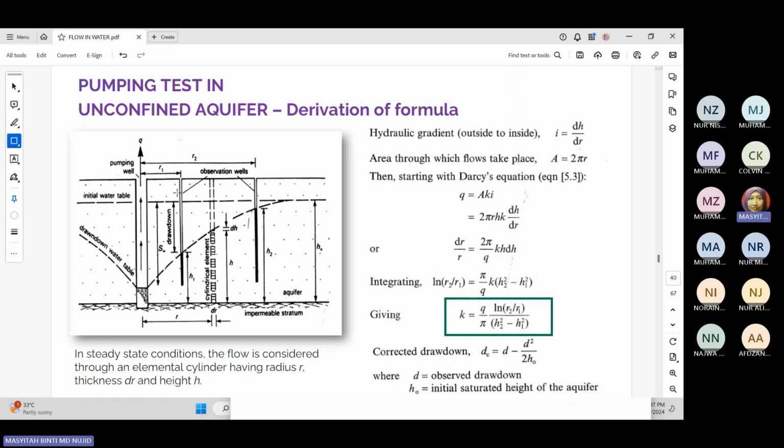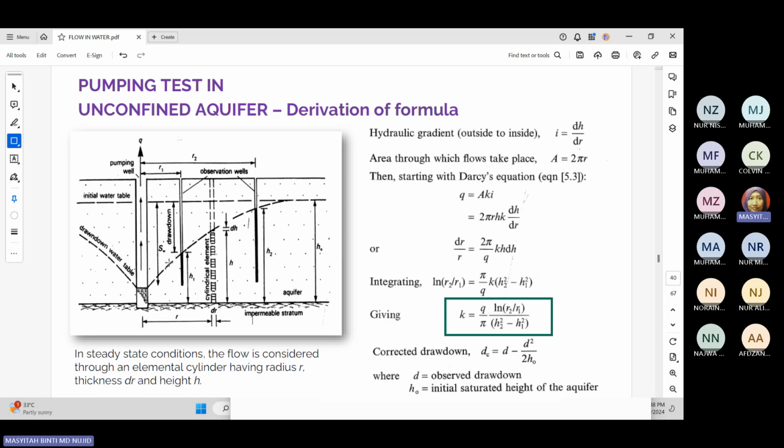Okay, in the schematic diagram for testing unconfined aquifer, you also can see that there's a free draining surface on top of it. Free draining surface ni can be a coarse grains layer, sama ada gravel, sama ada sand. So dia takkan ada clay ke silt. So of course the effect will be different.